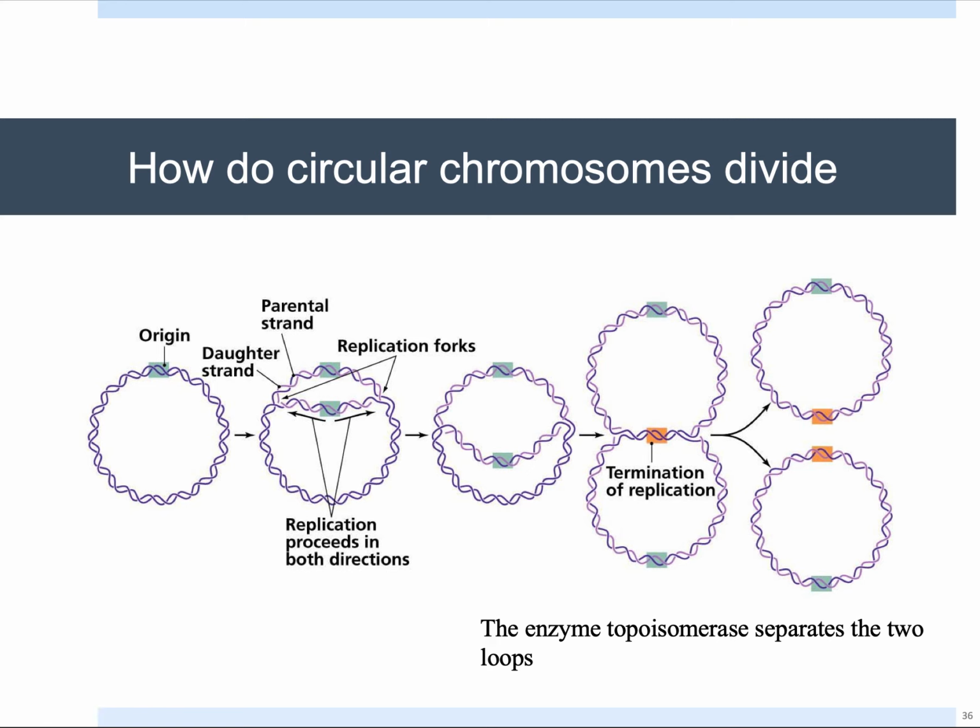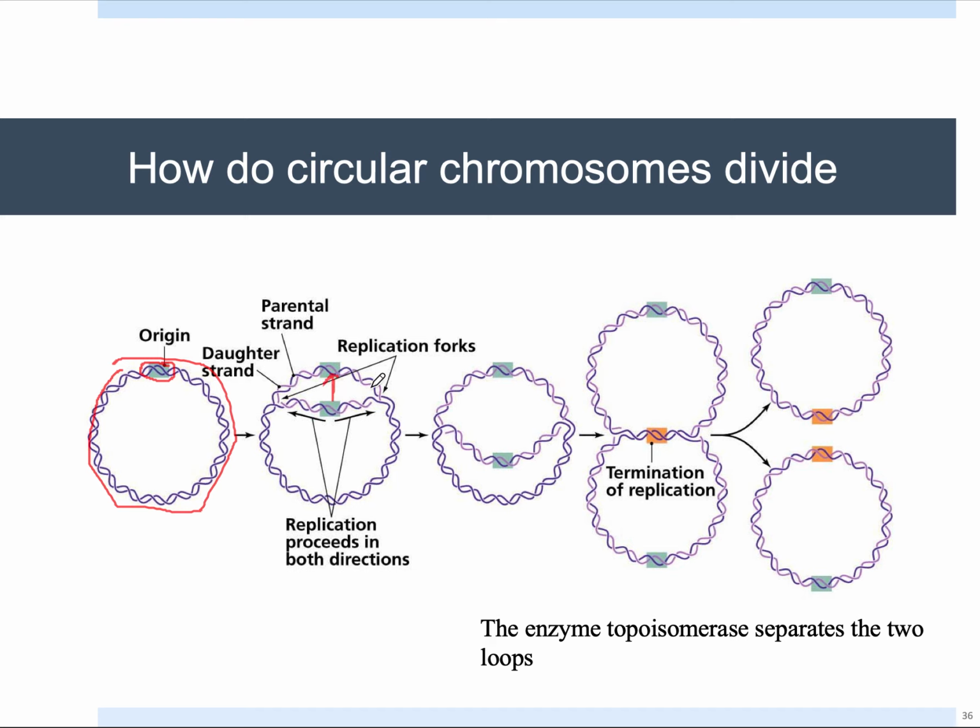Remember we said that in prokaryotes, in terms of the shape of the DNA, it's circular. Okay, it's a single copy, it's circular. So how does it divide? So there's a point of origin, and then there's the division.